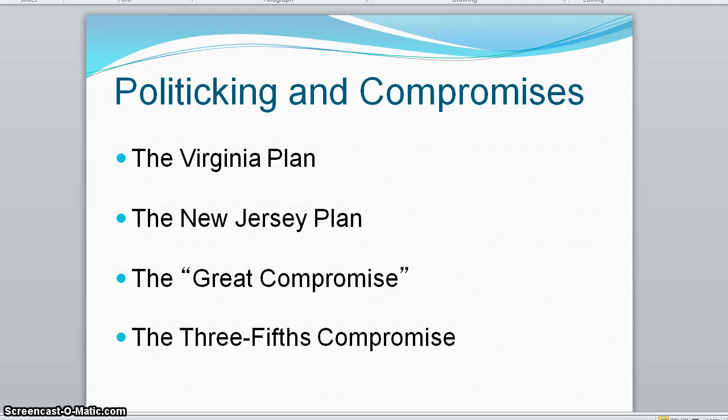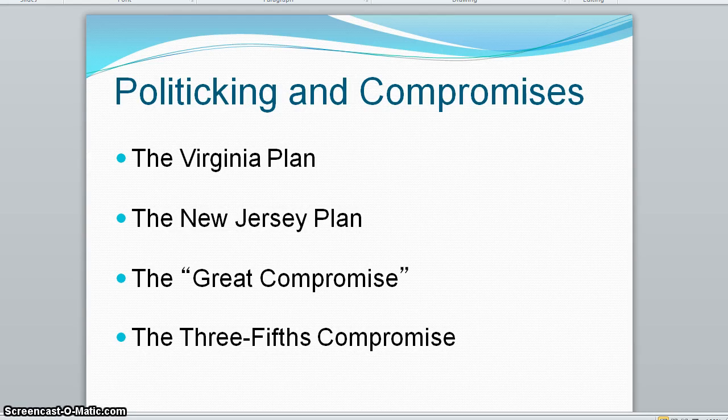The Great Compromise: Roger Sherman of Connecticut proposed a compromise between the more populous states, which wanted representation based on population, and the small states, which wanted representation equal for each state. So the Great Compromise proposed a bicameral legislature, one chamber based on population, the House of Representatives, and the other based on equal representation for each state, the Senate.